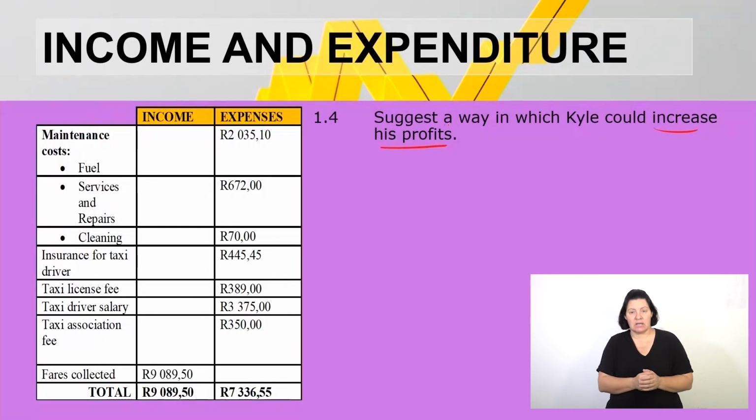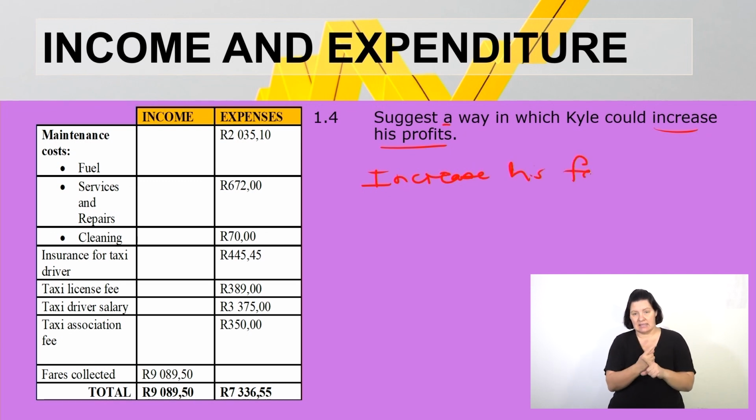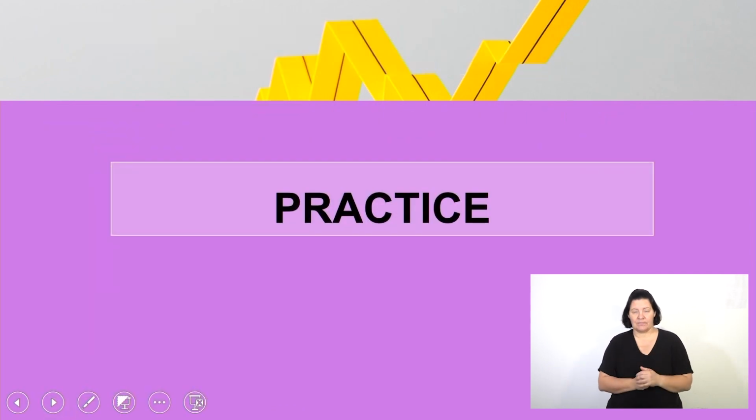It says suggest a way, so one answer will be sufficient here. I would say that Kyle can, for example, increase his taxi fares. What do we mean by fares? Simply, he must charge more for delivering his service. I hope that is clear to you guys.